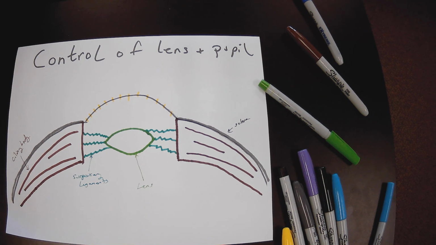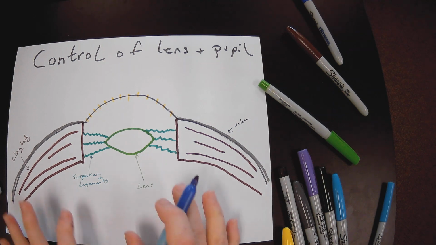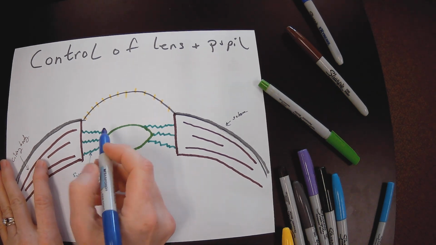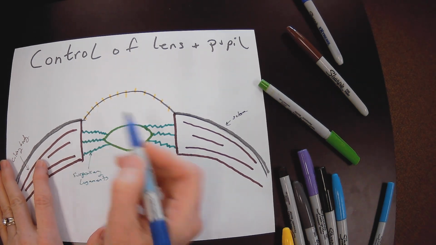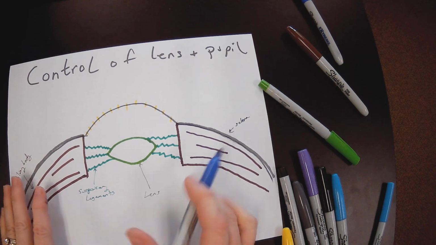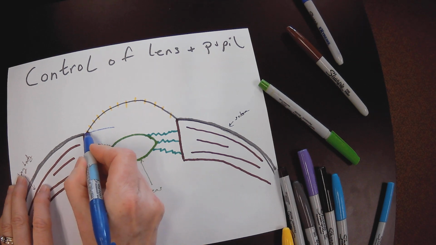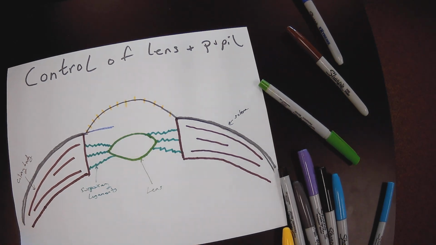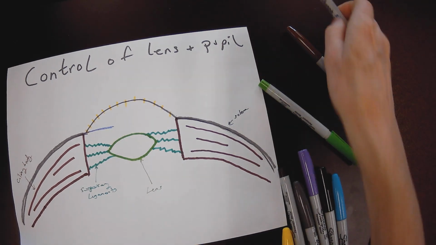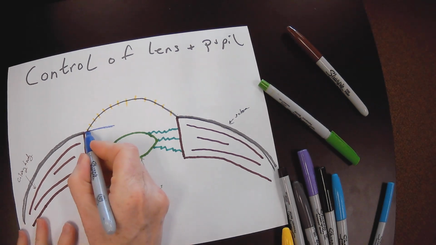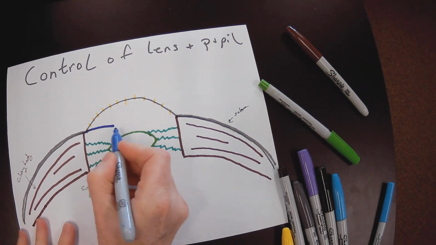Okay, now that we're zoomed in nice and close, there's one more structure I can draw for you. And this is going to be an appendage that comes off of the ciliary body. This is going to be the part of the eye that determines its color. Does anybody know what that's called? Yeah, it's your iris. This person has blue eyes. I'm going to make iris here.